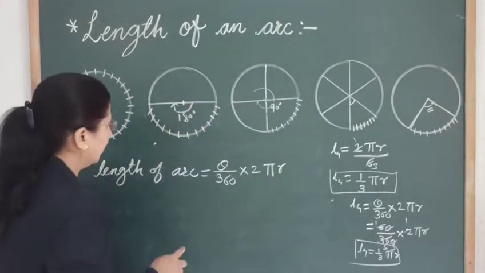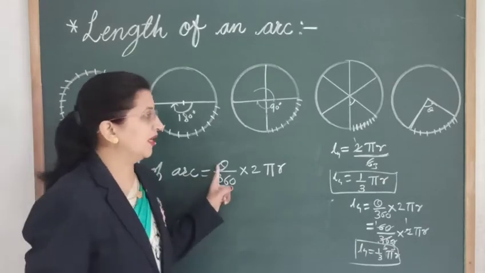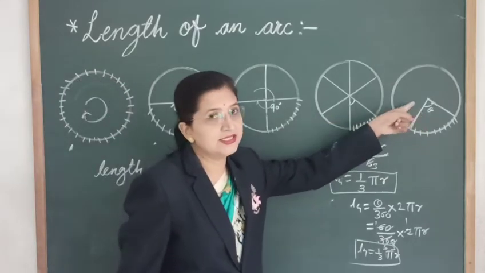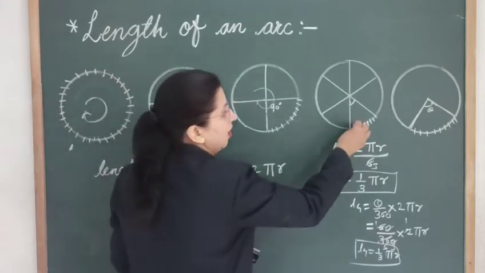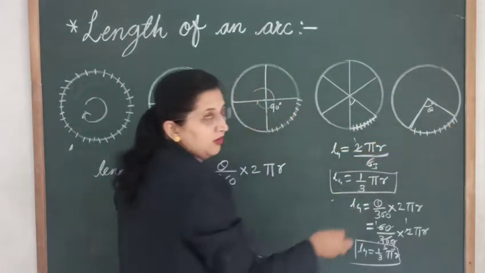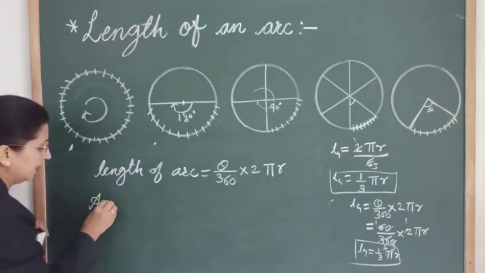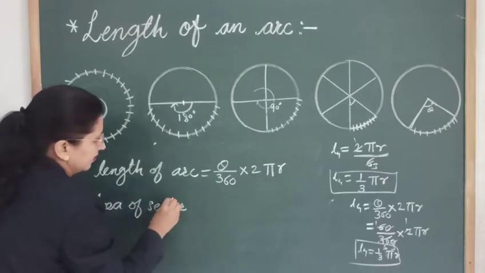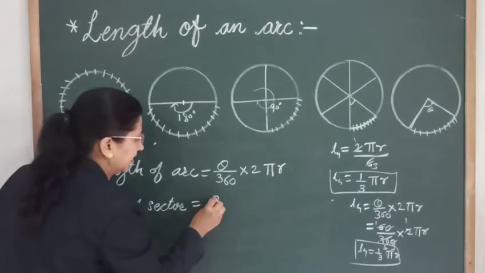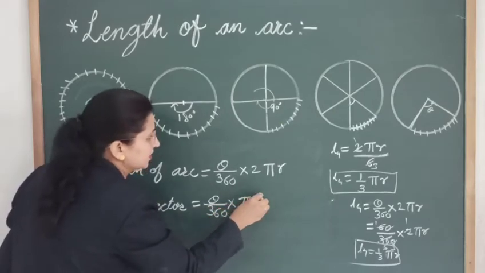Okay, so this is the formula to find out the length of arc. So from the given theta, that is the central angle, and the radius, we can find out the length of any arc. And we have studied the formula for the area of sector. The formula is theta upon 360 into pi r square.